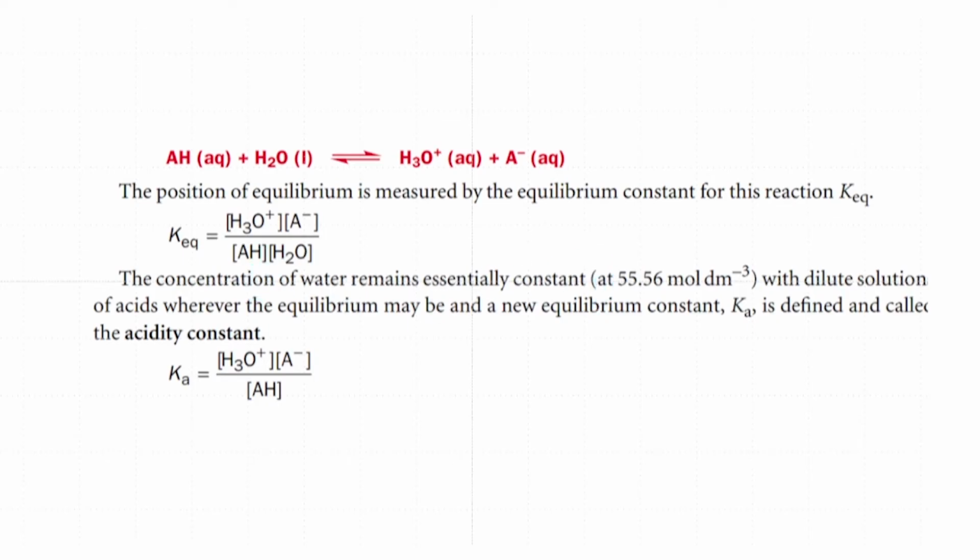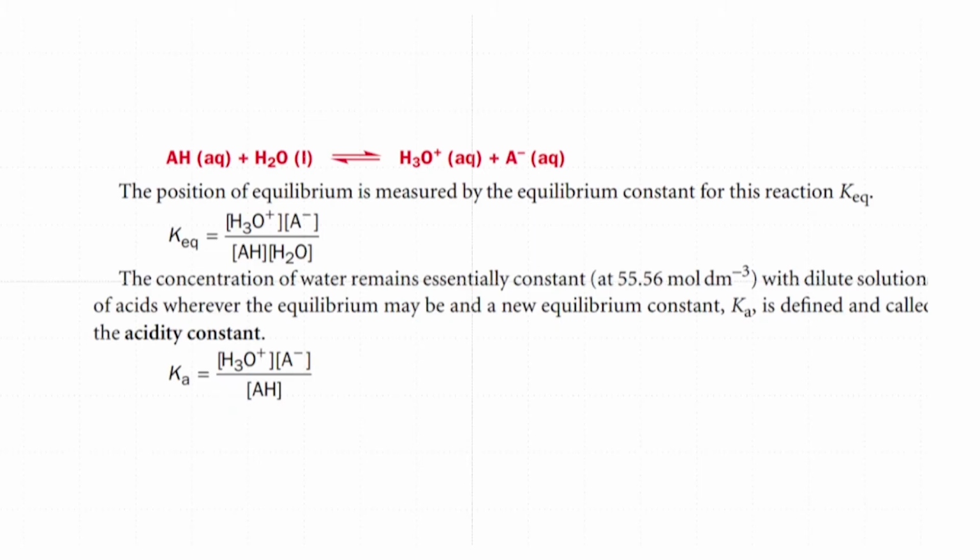It's 55.56 molar, and in very dilute solutions this concentration is not going to change. So therefore this concentration of water is more or less a constant, and so we define a new constant which is known as the acidity constant Ka, which is nothing but the concentration of H3O+ multiplied by concentration of A- divided by the concentration of the acid.